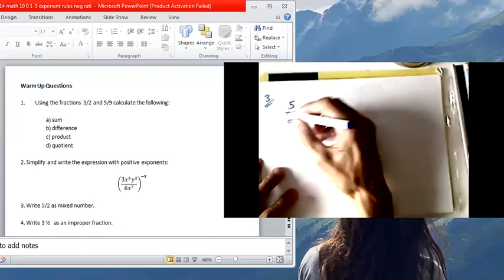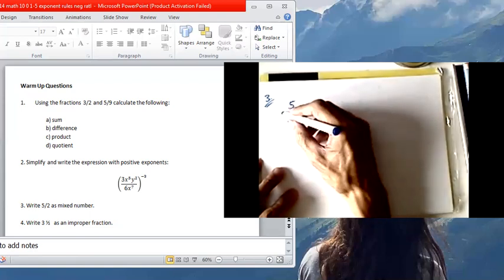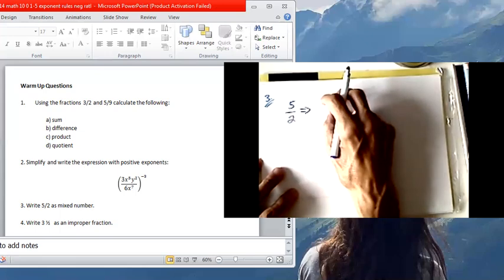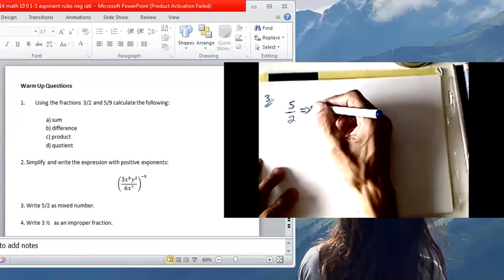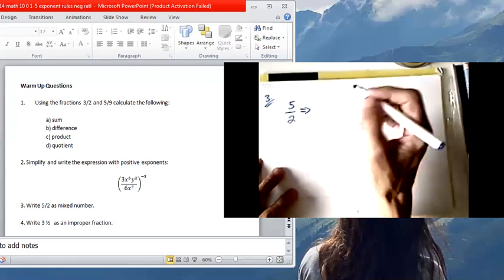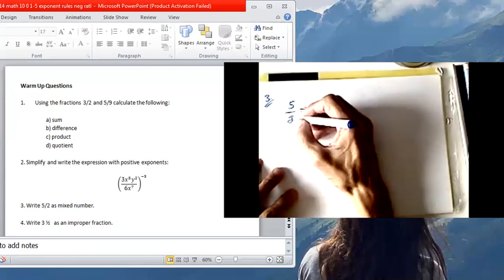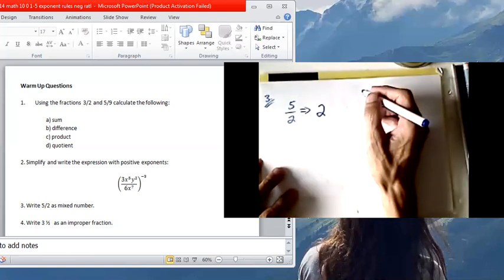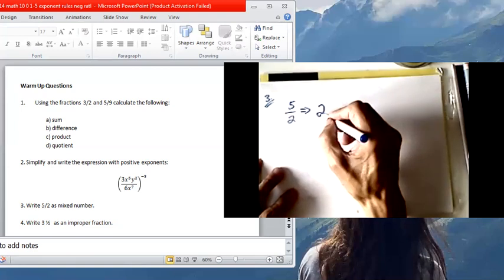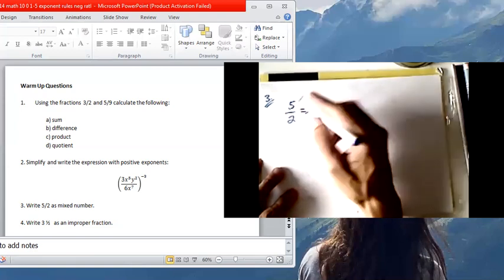Well, the number 2 does. 2 times 2 gets you 4. And then how much extra do you have to go? You have to go 1 more. All right, so 5 divided by 2 gives you a 2, which gets you up to 4, and then there's 1 extra.